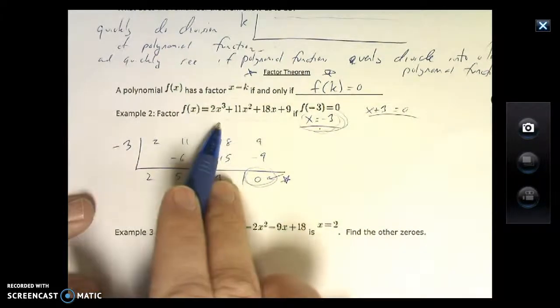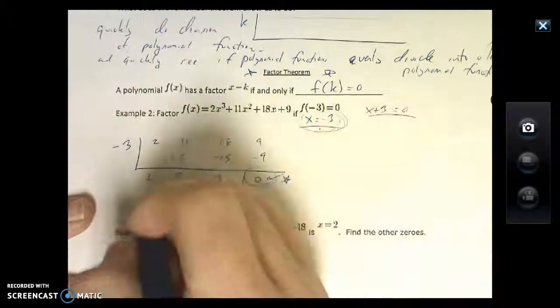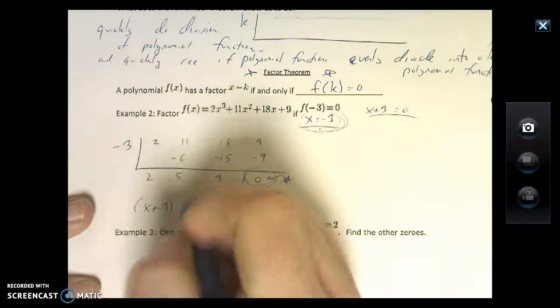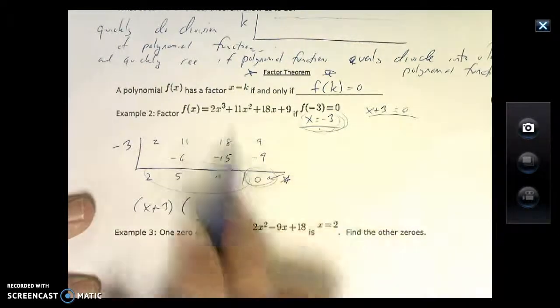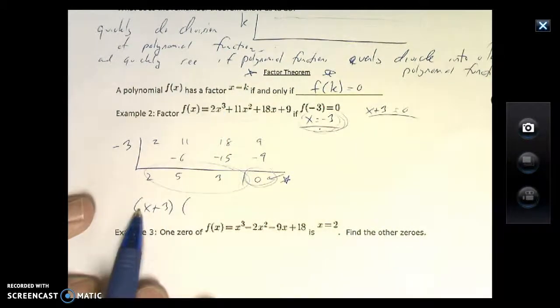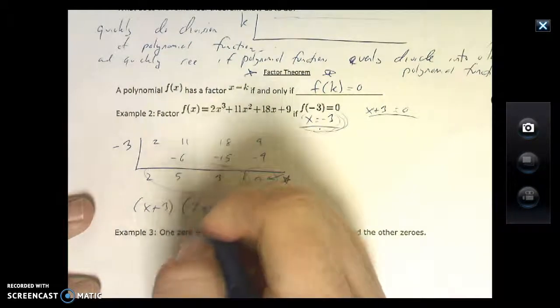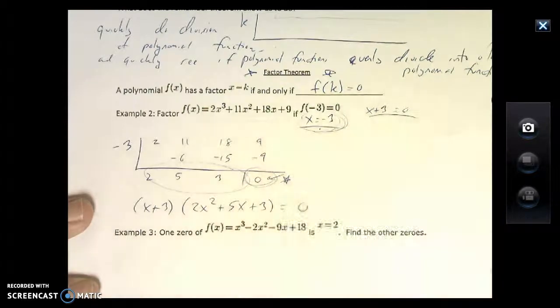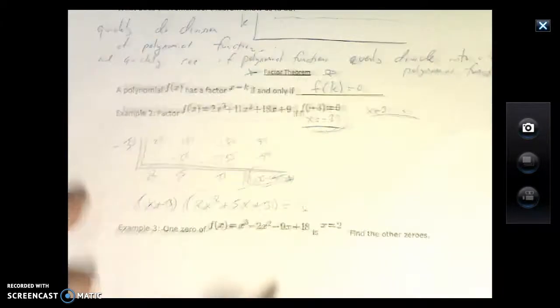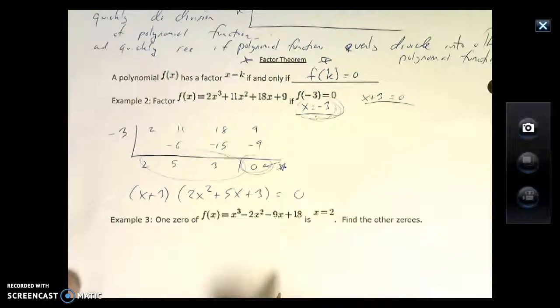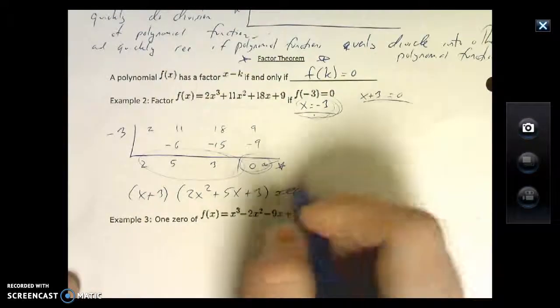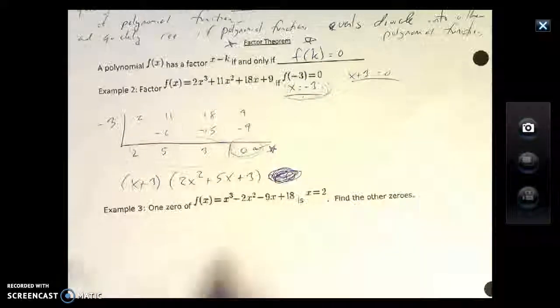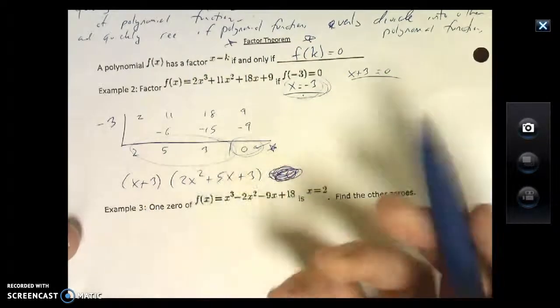So when it says factor, you have the x plus 3 out front, and then you have this quadratic, because it was x cubed, and now it drops down to x squared. And that's it. I don't need the equal 0 at the end, sorry.